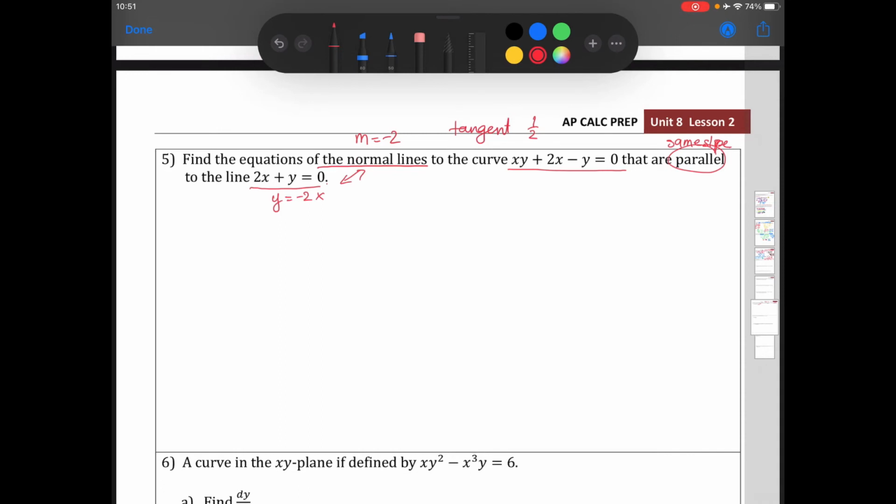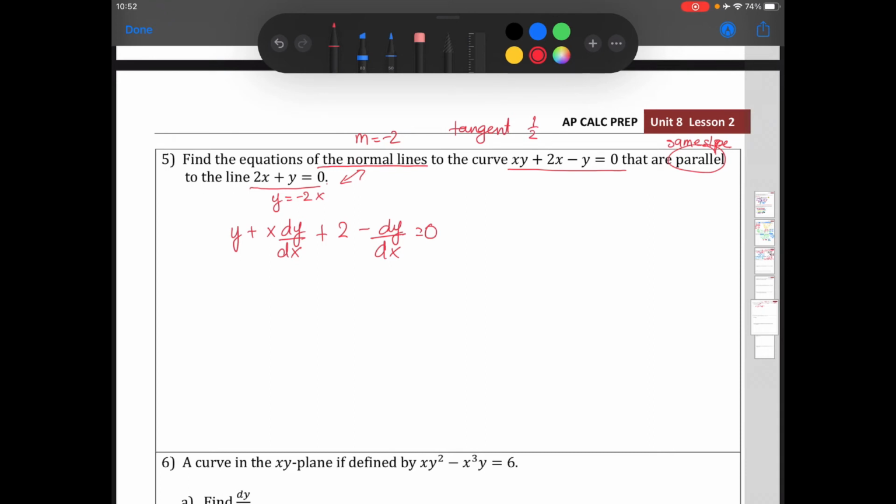So what are we going to do first? We're going to take the derivative. So let's take the derivative. Actually, derivative of x is 1. So y plus x dy/dx plus 2 minus dy/dx is equal to 0.